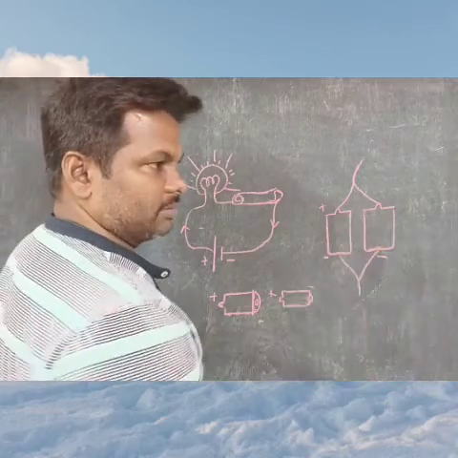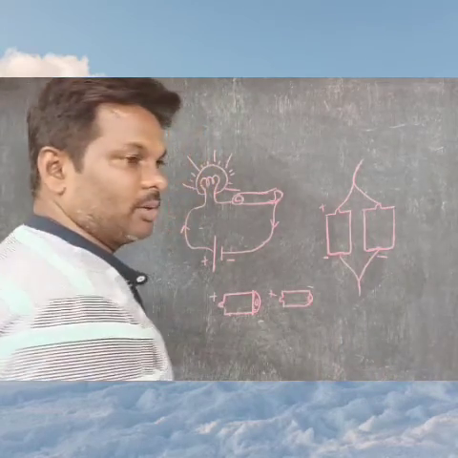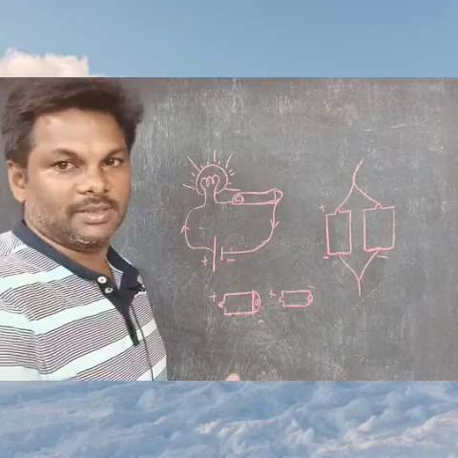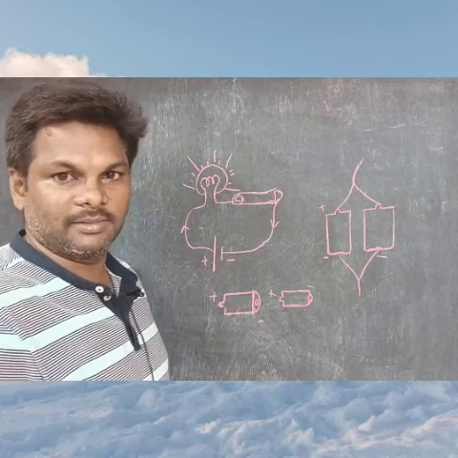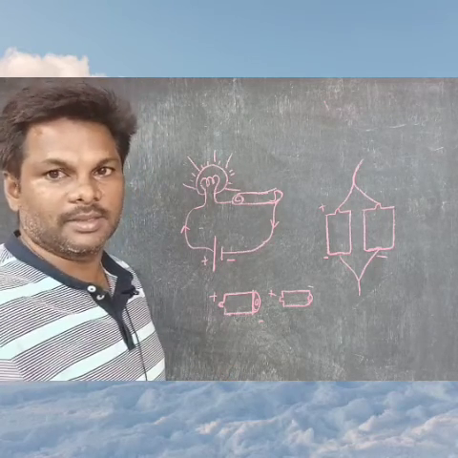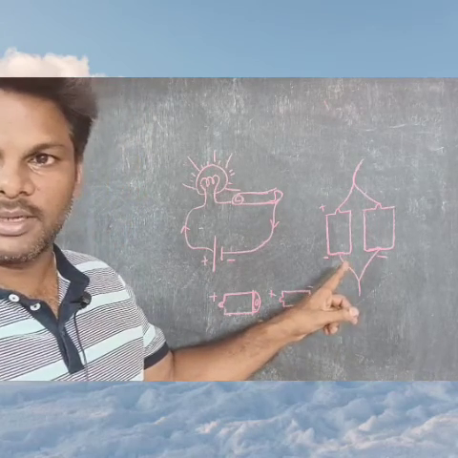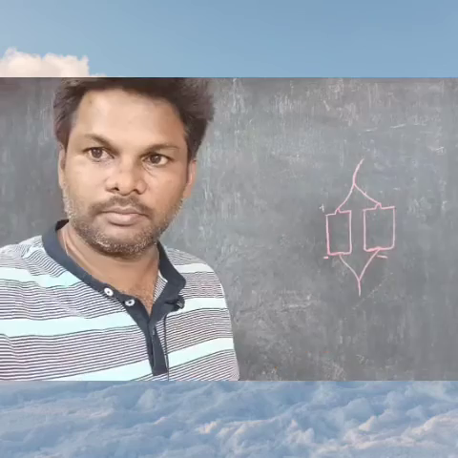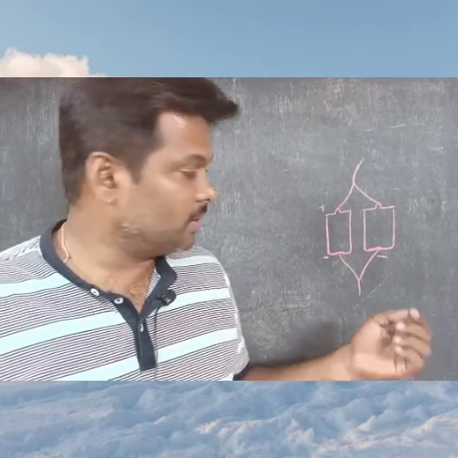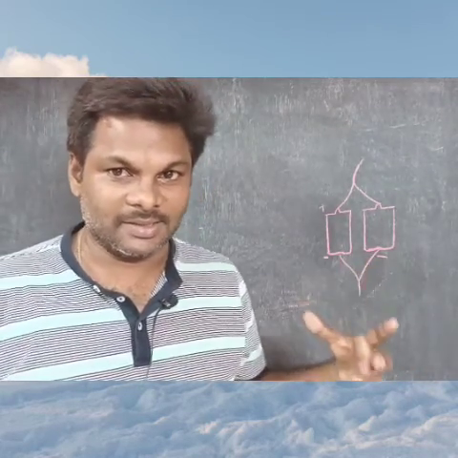This combination is called a parallel combination of cells. They are dry cells. So two cells are connected in parallel, and two more cells are connected in series. We came to know the parallel combination and series combination now.